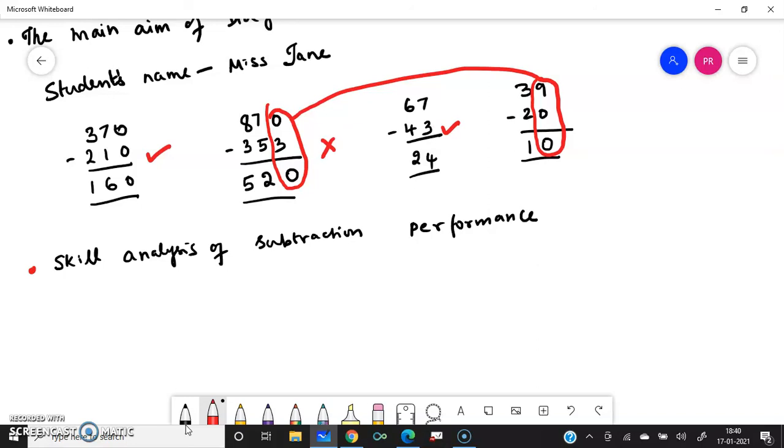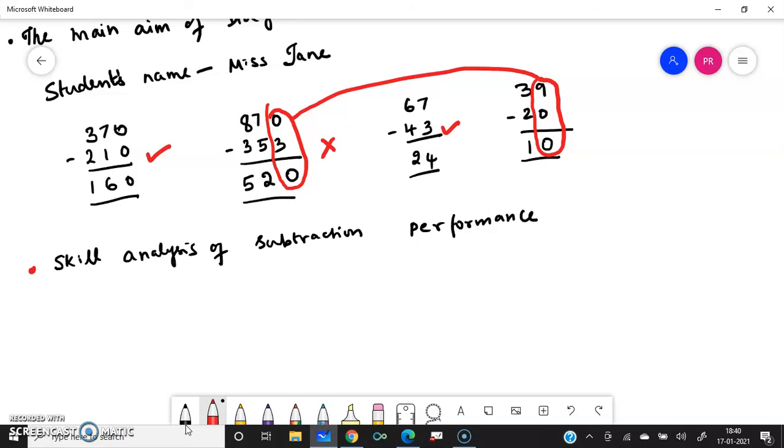For example, in Jane's case, what you have found is that wherever 0 is involved, she is not understanding. Carry over and borrowing is not done by Jane. So Jane knows how to subtract. 7 minus 3, if 0 is not involved, she can do it.